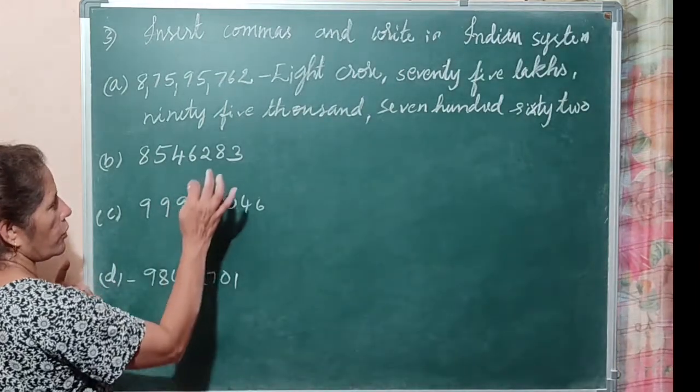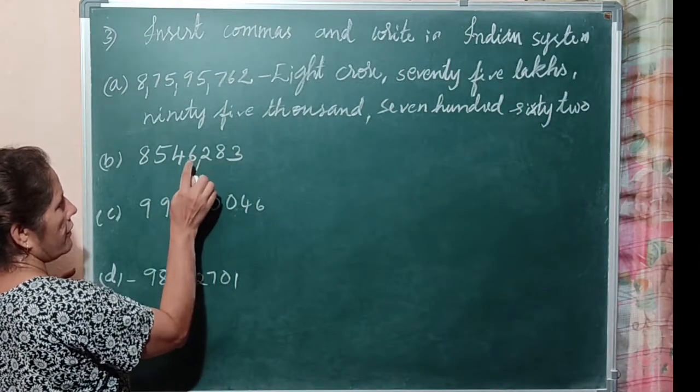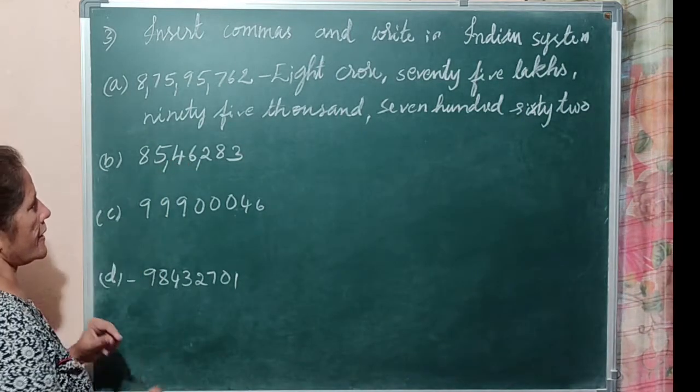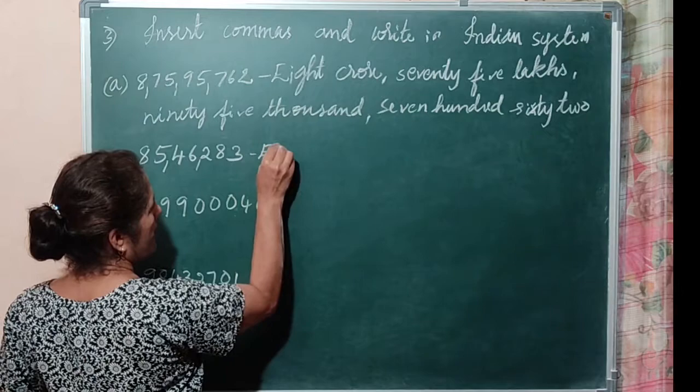Now here 1, 2, 3, comma. 1, 2, comma. So thousands, lakhs. So how do you write down?